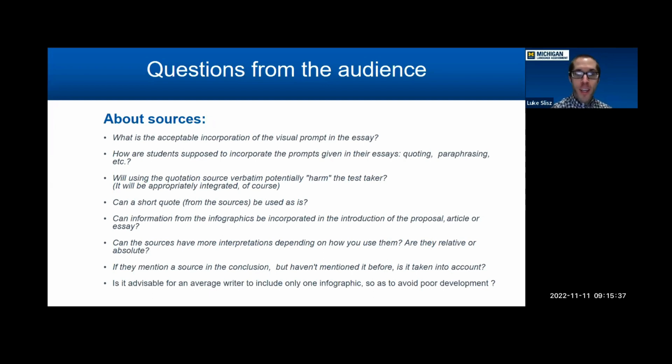It's definitely okay to use a very short quote. It's definitely okay to paraphrase it, but what matters most is the context of how it's used. You can be successful if you include the source in an introduction, in a conclusion, or at some point in the middle. It just matters that you are purposefully using that source to make a larger point that ties into the main argument that the student is trying to make.